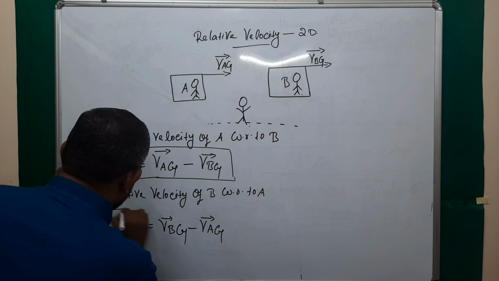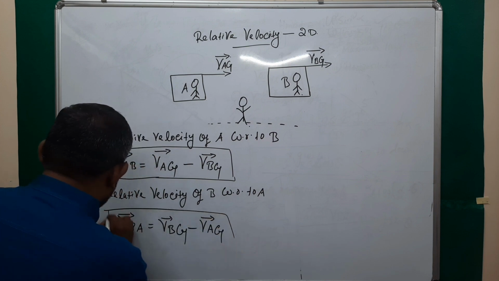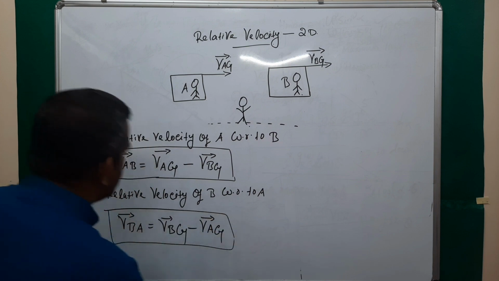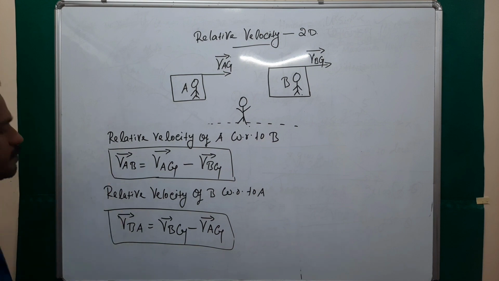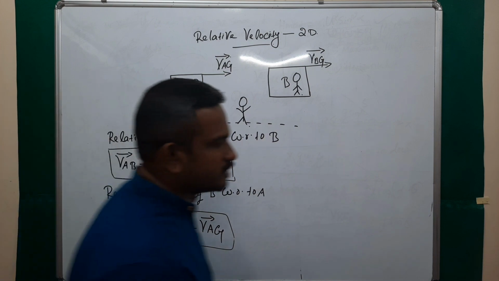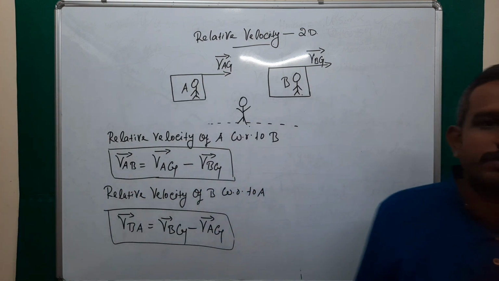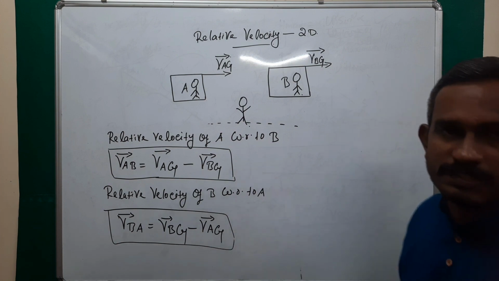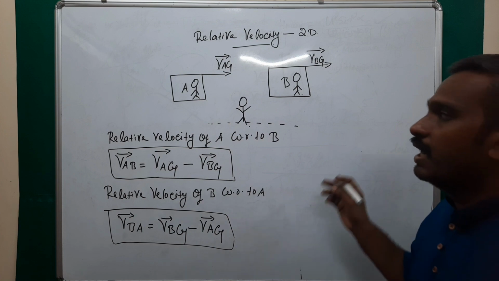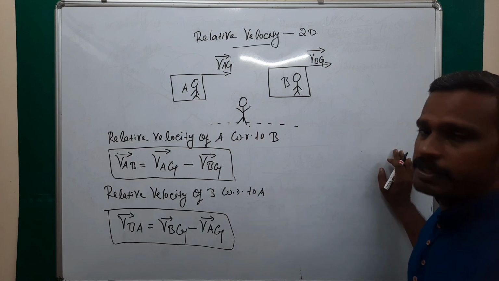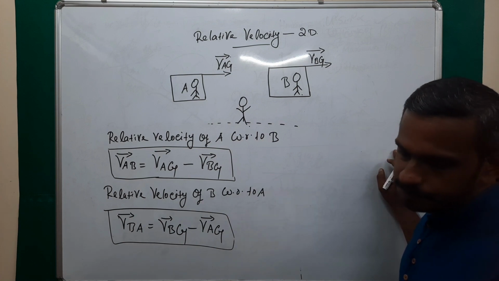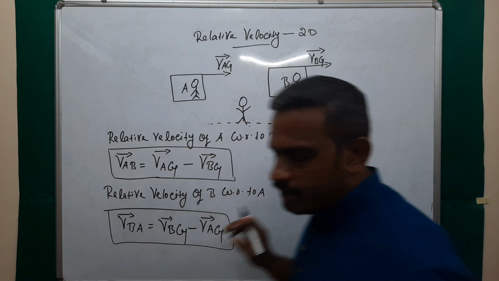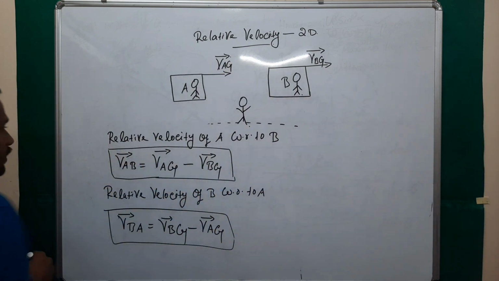This is the formula to find the relative velocity of A with respect to B and of B with respect to A. These are the basic things we have discussed in relative velocity in one dimension. So what is relative velocity in two dimensions?